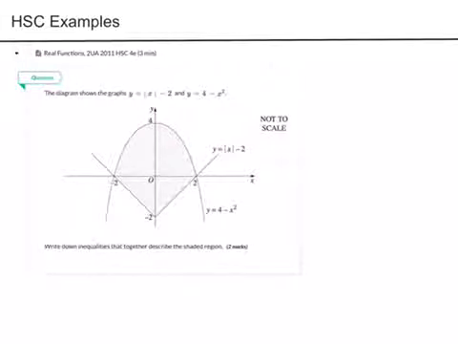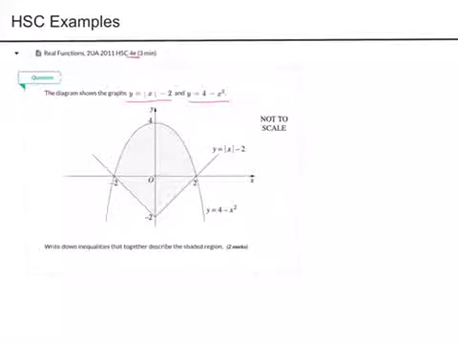In this question from the 2011 HSC, which occurred around the middle of the paper at question 4E, we've been given the sketch of two functions, one being the absolute value of x minus 2, and then the second being the concave down parabola y equals 4 minus x squared.